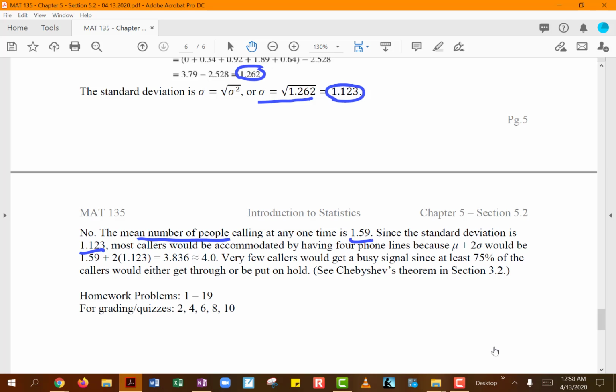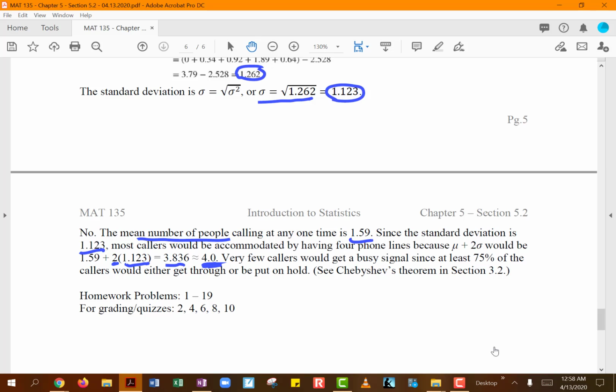You have 1.59 callers making it through. And if we did 2 standard deviations using the 1.123, that is still coming out to be 3.836, which is approximately 4 callers. So you are still getting 75% of your callers getting through, because that's up to number 4, right?